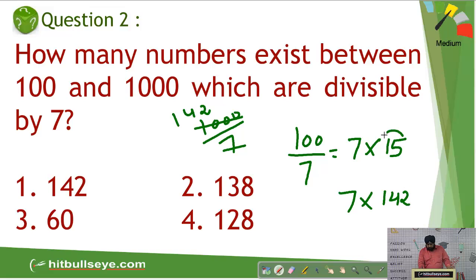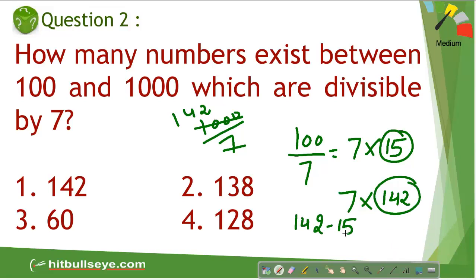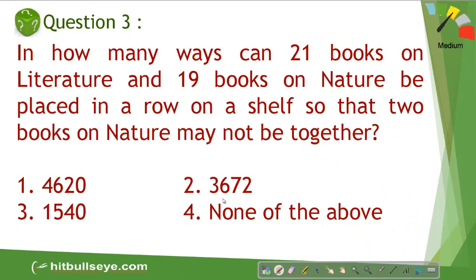The difference is 142 minus 15, that is 127. The required number of numbers is 127 plus 1, that is 128. Hence, the fourth option is the answer. So let's see how simple the question is. You can attempt as many questions as you can by skipping and scanning the questions.